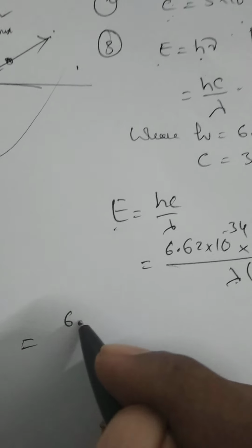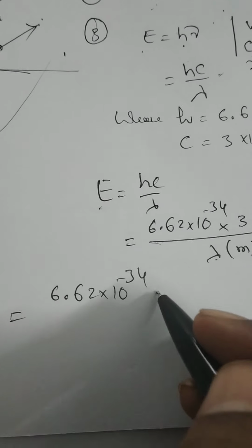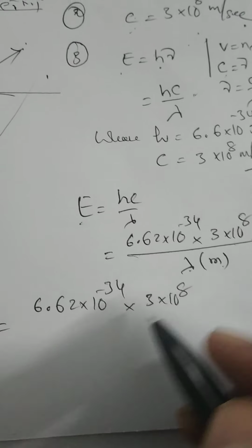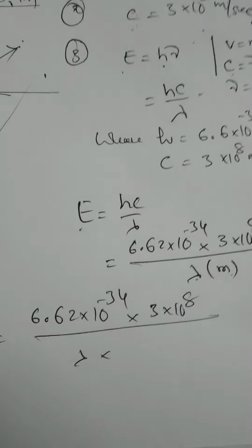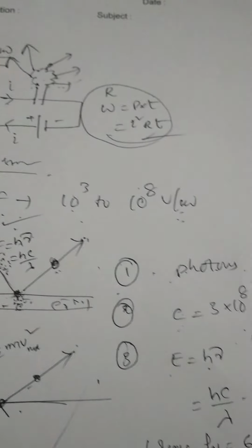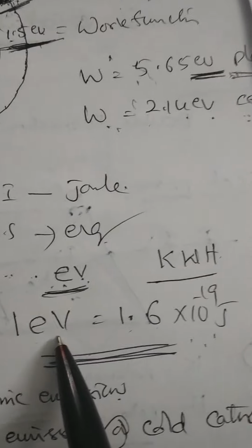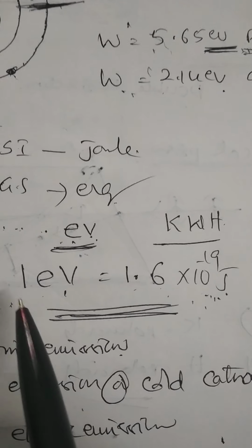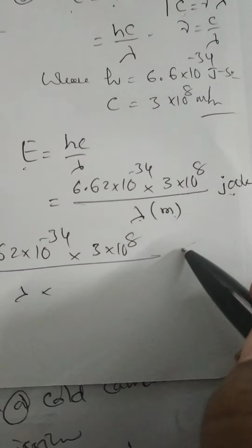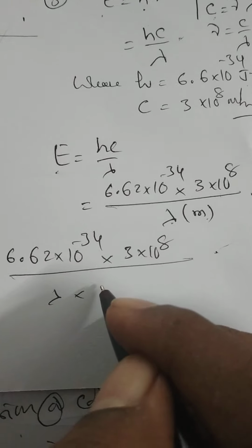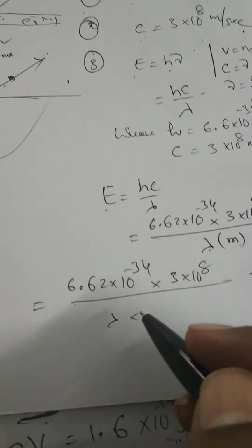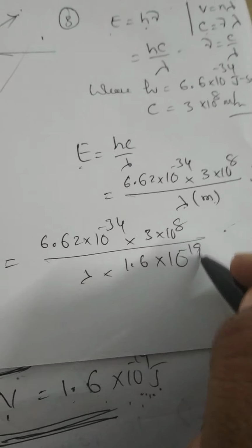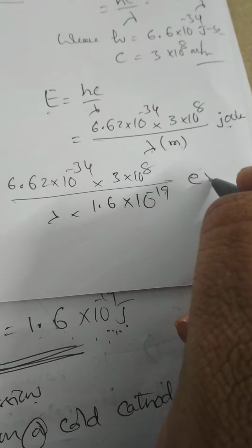What is the relation between electron volt and joule? 1 electron volt is equal to 1.6 into 10 power minus 19 joules, or 1 joule is equal to 1 by 1.6 into 10 power minus 19 electron volts. Therefore, here it is in joules; to get electron volts, divide by 1.6 into 10 power minus 19.